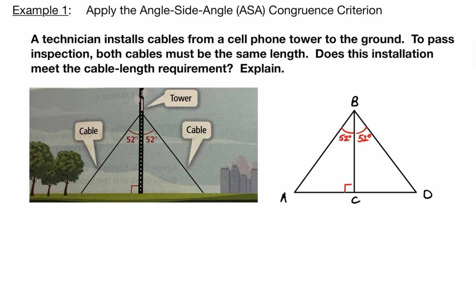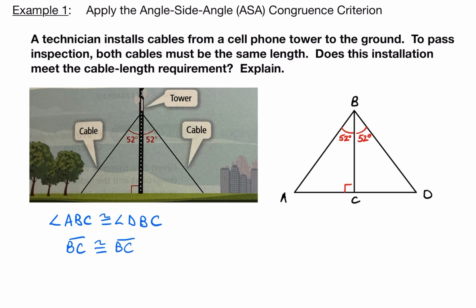So we know that angle ABC is congruent to angle DBC. And we also know that segment BC is congruent to segment BC.